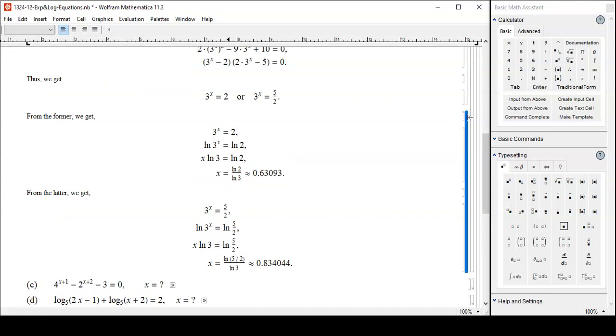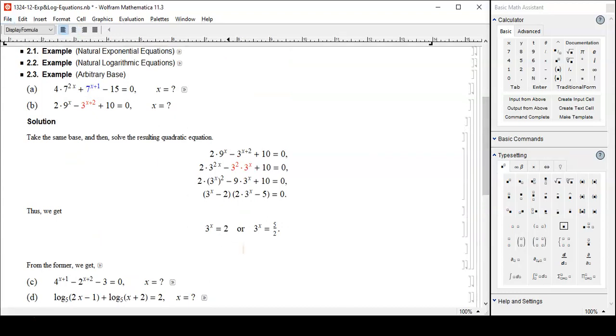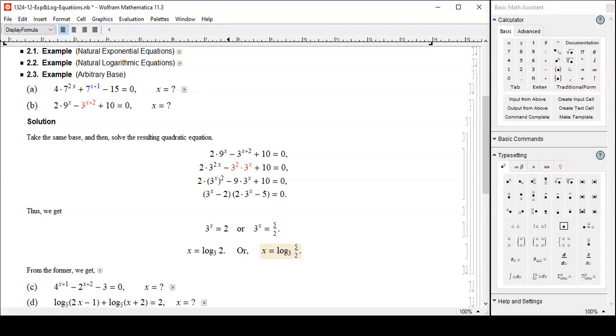Again, here I took natural logs, but it's going to be easier if you take the log base 3. X is log base 3 of 2, or x is log base 3 of 5/2. It's going to be easier this way.